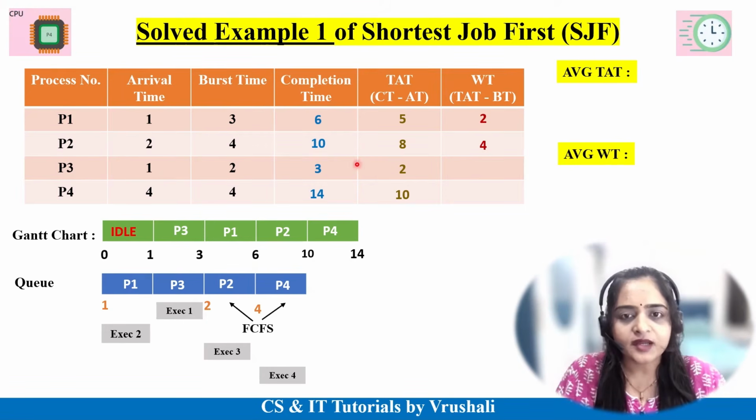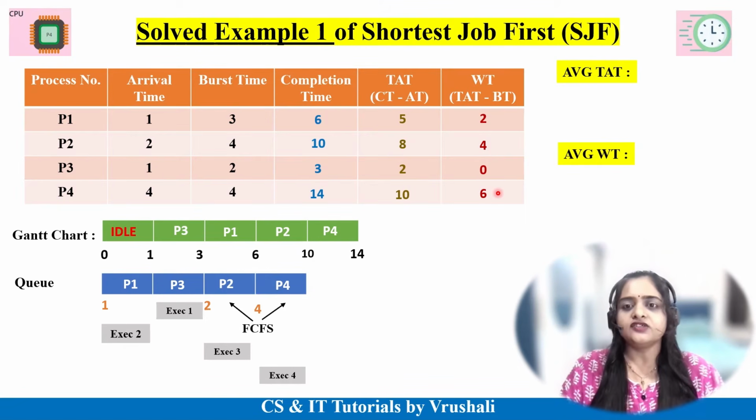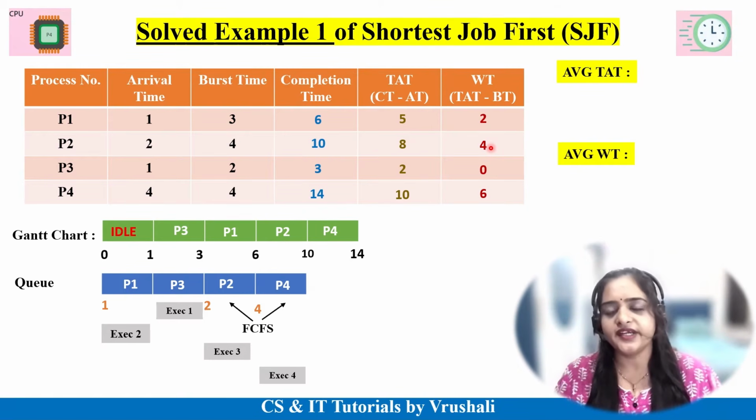Next, P2 process waiting time is 8 minus 4, that is 4. Next, P3 process waiting time is 2 minus 2 equal to 0. And P4 process waiting time is 10 minus 4 equal to 6. So for 2 hours, 4 hours, this process goes to the waiting state.